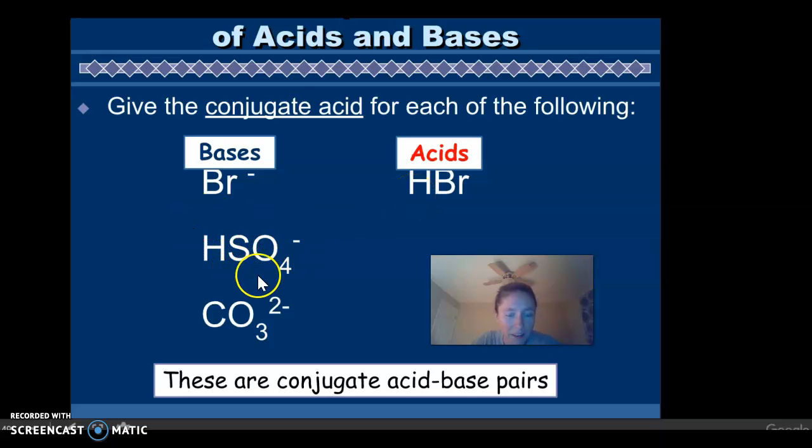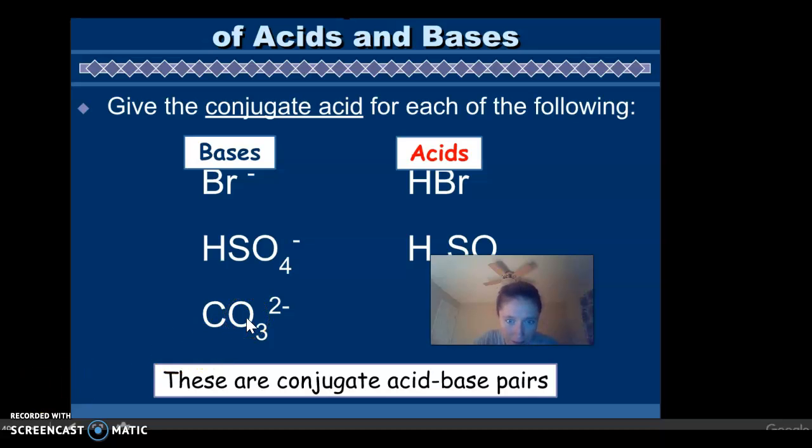What about this one if we add an H to this base? Again, this is starting off as negative. So if you add an H+, it's going to go from negative to neutral, and you're going to gain an H. So our product will be sulfuric acid, H2SO4.